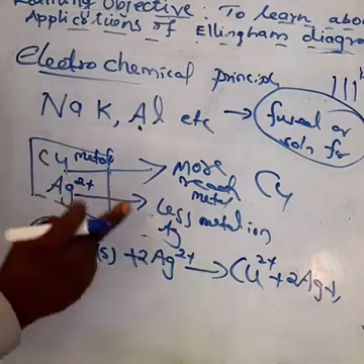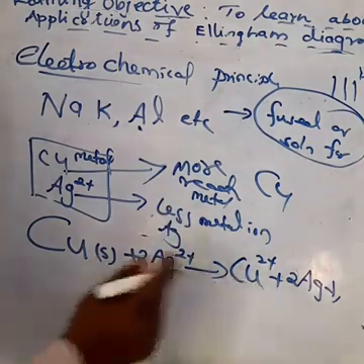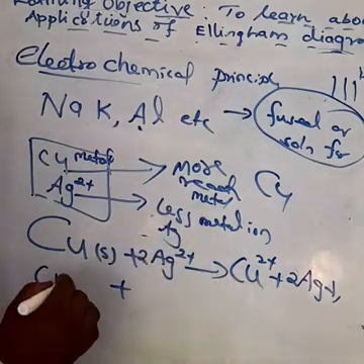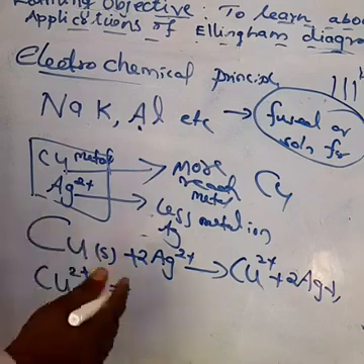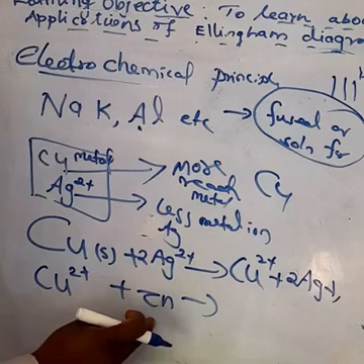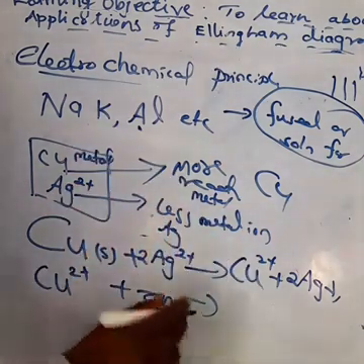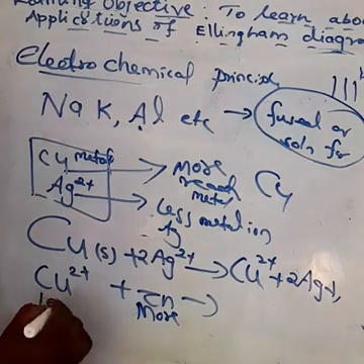Next I am taking zinc and copper. We are comparing zinc and copper. Zinc is the more reactive metal, and copper ions are the less reactive.